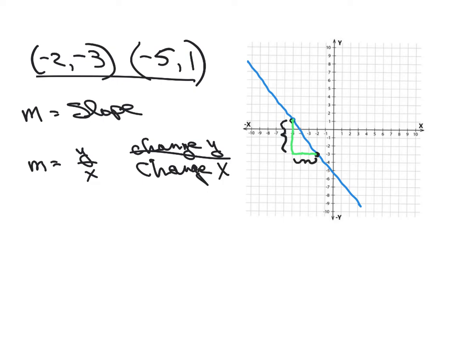And if you've taken any chemistry or physics, there is another symbol to represent the word change. And that is called a delta. It's a Greek letter, just a triangle. So it says the change in y over the change in x. And that's what slope equals.